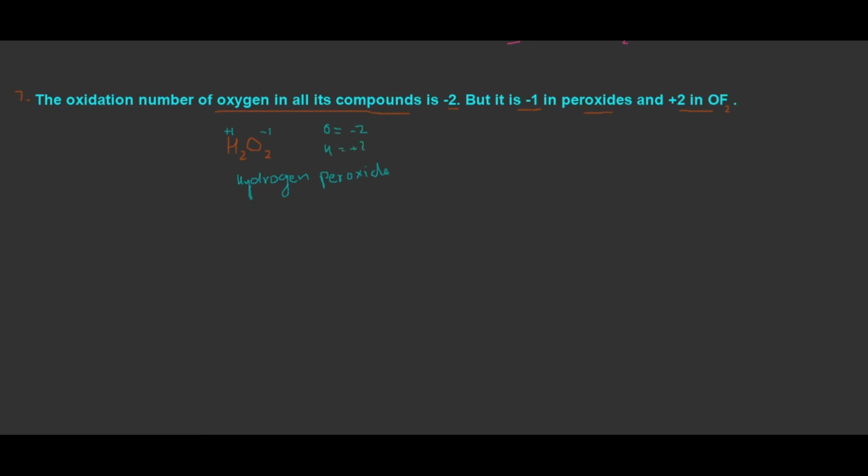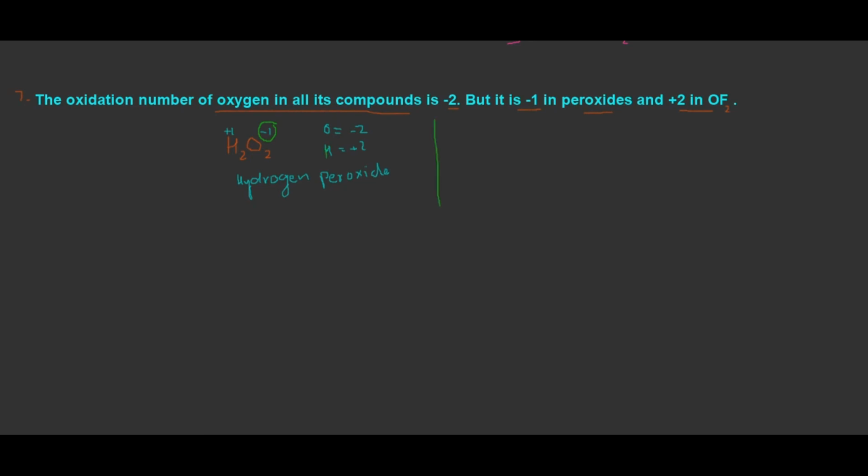As you can see, the oxygen atom has -1 charge whenever it is making peroxides.